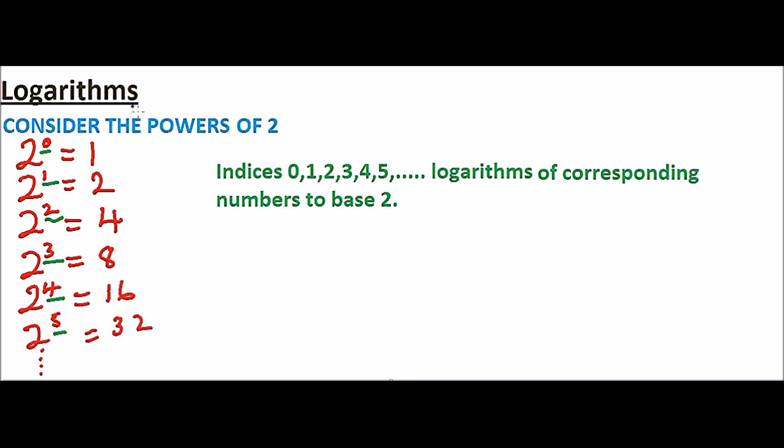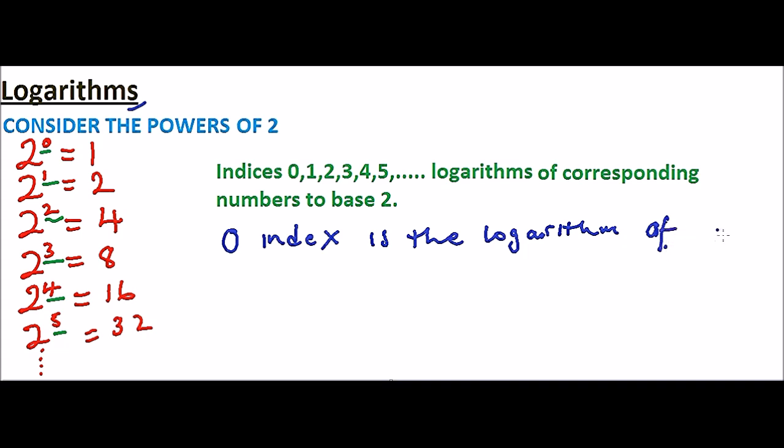But note that here we are talking of plural logarithms, which we are referring to as index. So for example, 0, the index, is a logarithm of 1 to base 2.